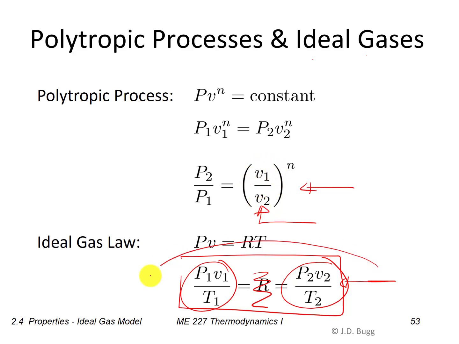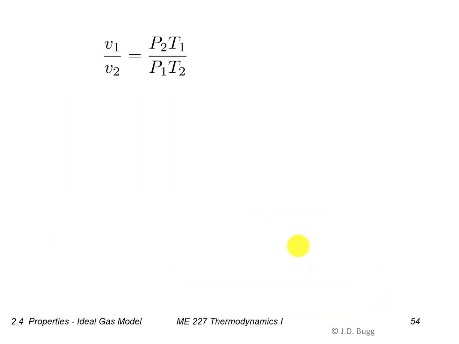If we rearrange it, we get V1 over V2 is P2 over P1 times T1 over T2. That's still just the ideal gas law, valid for an ideal gas going between any 2 points. The volume ratio has to be equal to the pressure ratio, P2 over P1, times the temperature ratio, T1 over T2.